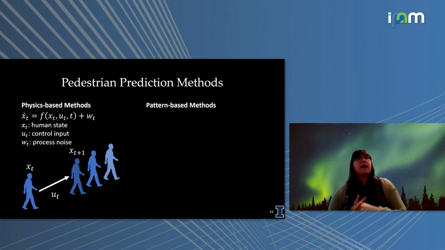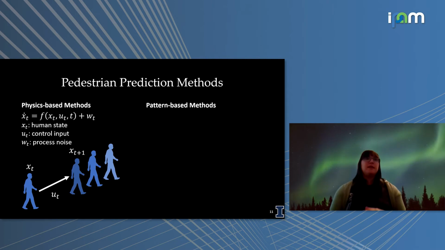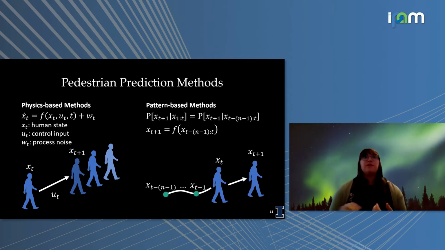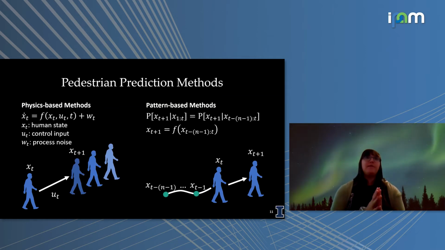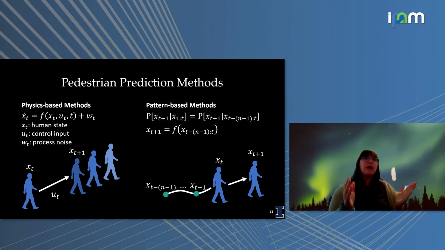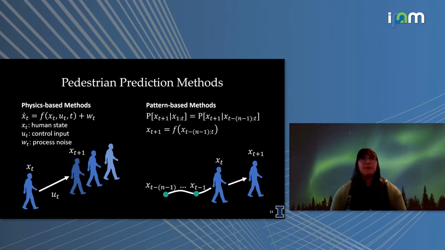On the other hand, we have this pattern-based method. Typically when we take these data-driven or pattern-based approaches, we try to model this as an n-step Markov process where we have some observation window, and we want to predict the next time step.